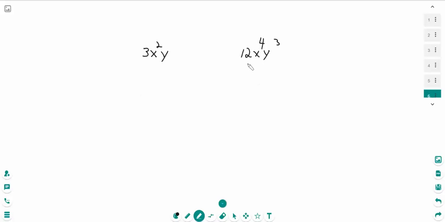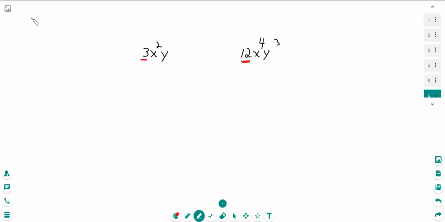Well, it's pretty straightforward. We have letters here, and that kind of throws us off, but it's not complicated. So let's start by just looking at the numbers. We have a 3 and we have a 12. Ignoring the letters for the moment, let's find the greatest common factor between a 3 and a 12. Now, these two are pretty simple.